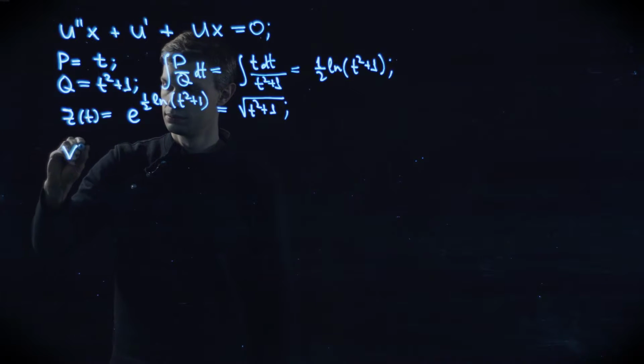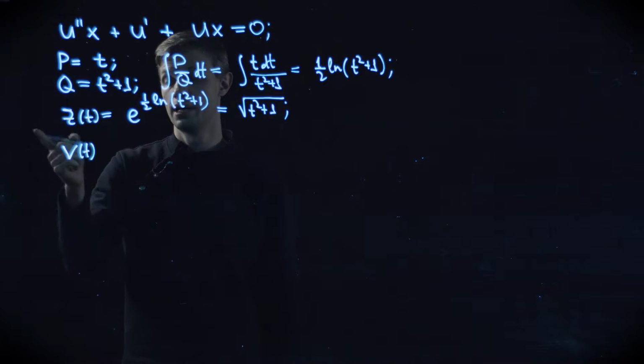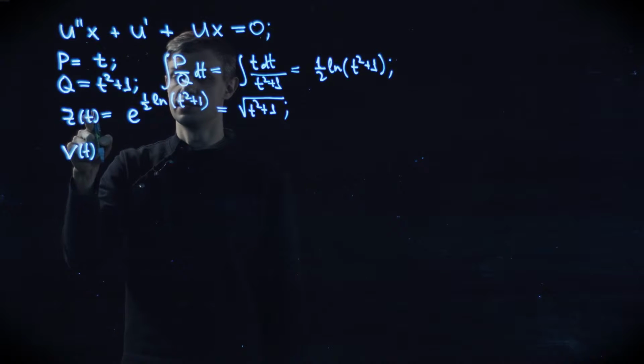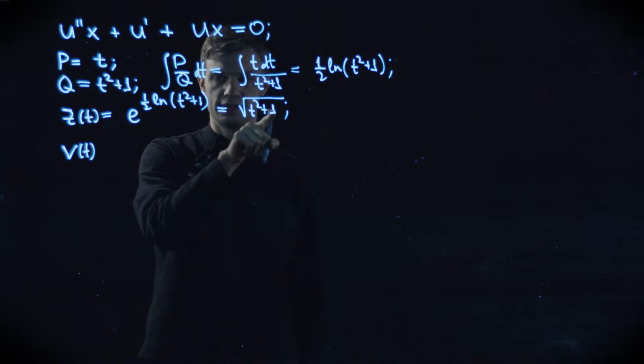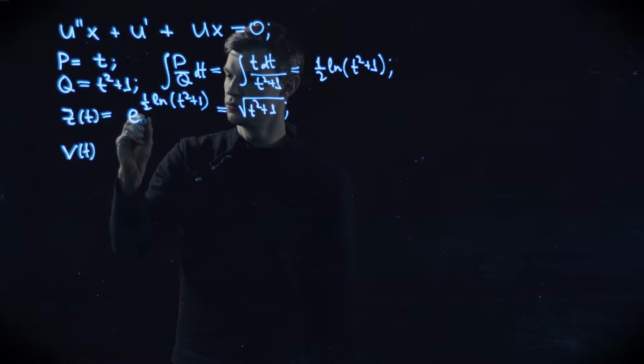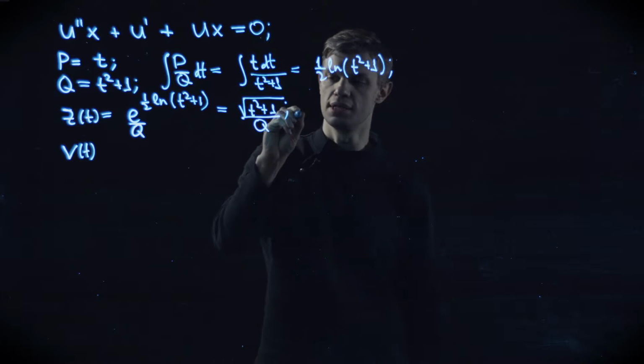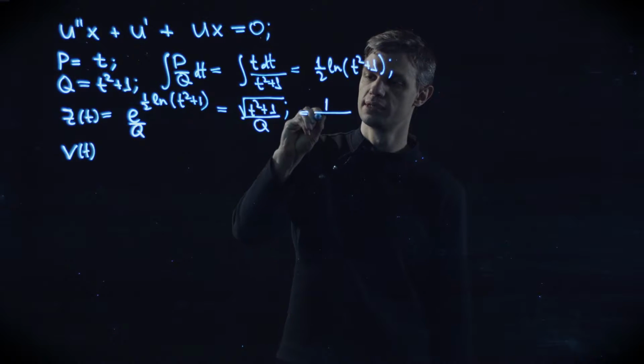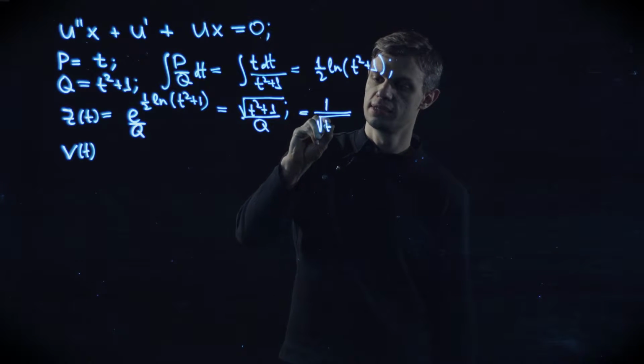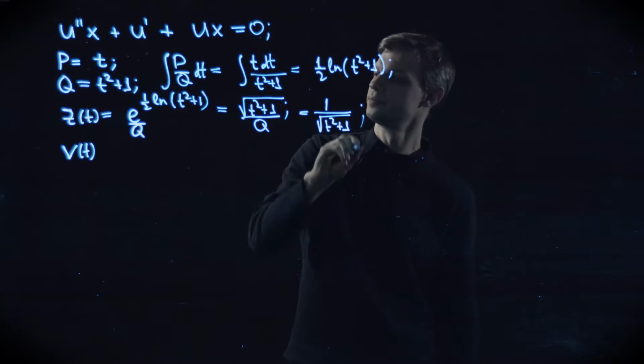The v function is, as you remember, the z function divided by q, of course, which yields 1 over the square root of t squared plus 1.